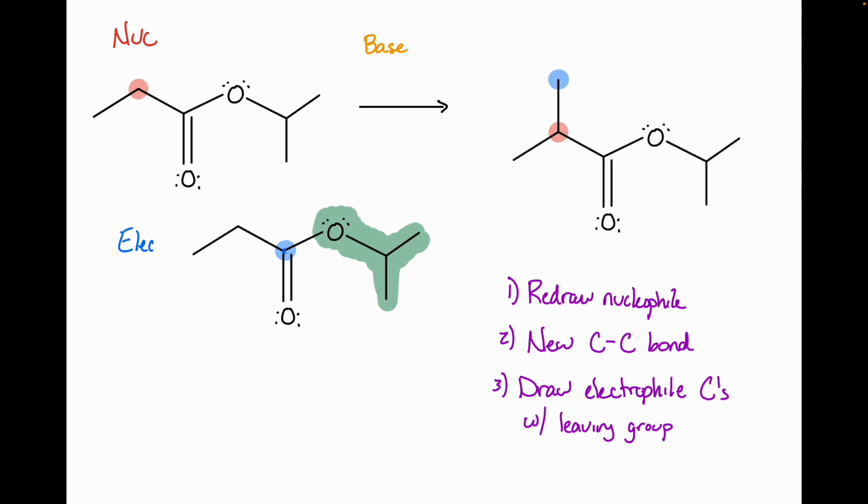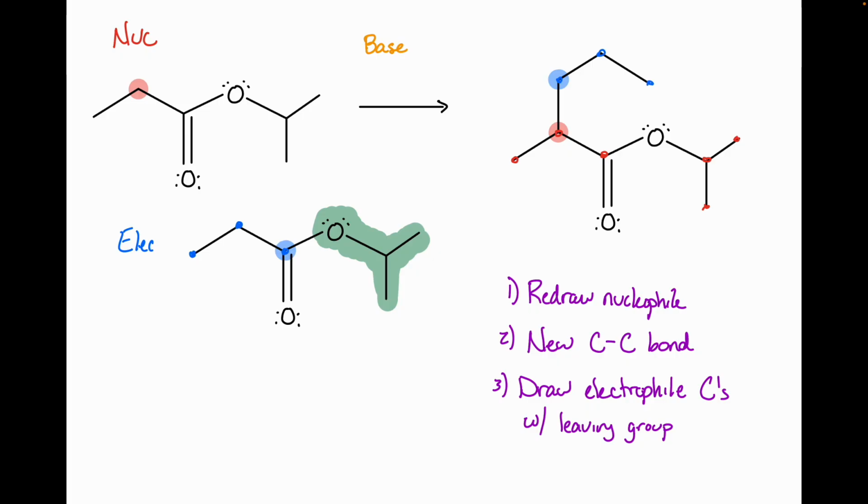So it's only going to be these 3 carbons from my electrophile that will appear in my product. Everything from my nucleophile appears in my product, but only these 3 from my electrophile appear in my product.